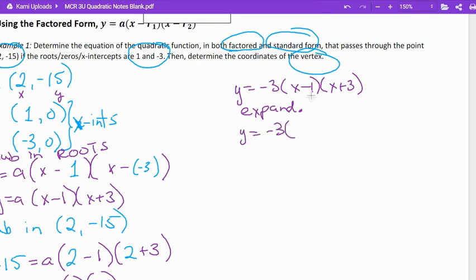So I'll use FOIL. X squared minus x plus 3x minus 3. Take as many or as few steps as you need. Notice I keep the negative 3 until the end, just to make sure I'm not doing too much.